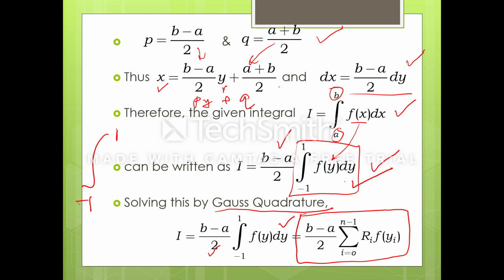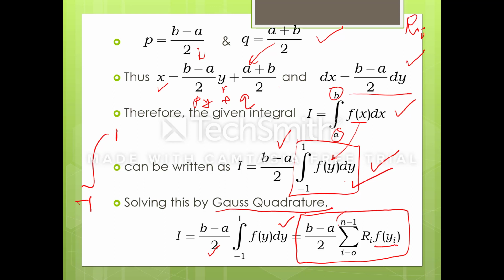Here Ri is a multiplication factor or a weight given to a particular value, and f(yi) is the value of the function at the point yi. So we will be taking a number of points.